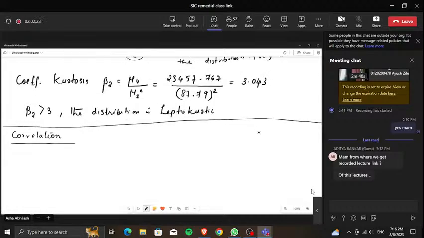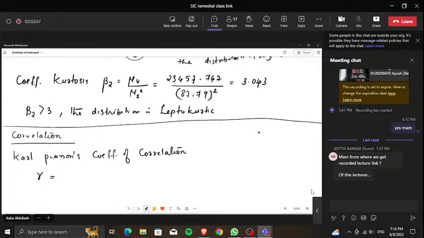And there are many formulas for finding this correlation coefficient. Out of these, we are discussing only one, that is Karl Pearson's coefficient of correlation. The formula that we are going to use is r is equal to, this r is nothing but the coefficient of correlation.